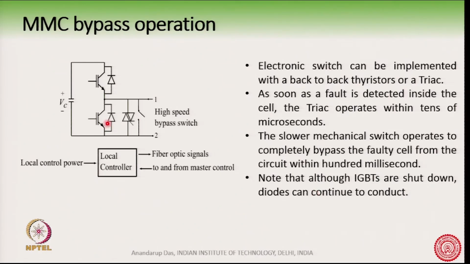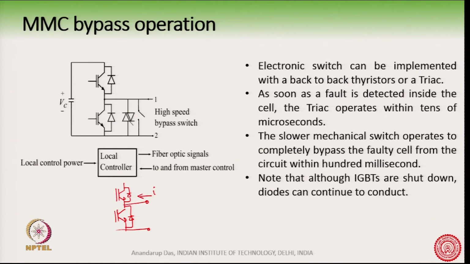Remember that suppose you have a circuit like this, a half bridge circuit. Suppose there is no bypass and we are just shutting down the converter. So, the current is flowing here.